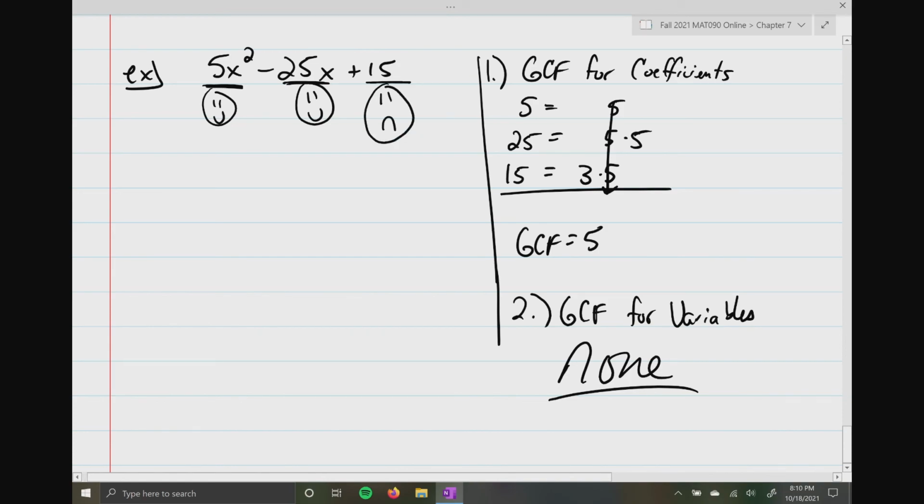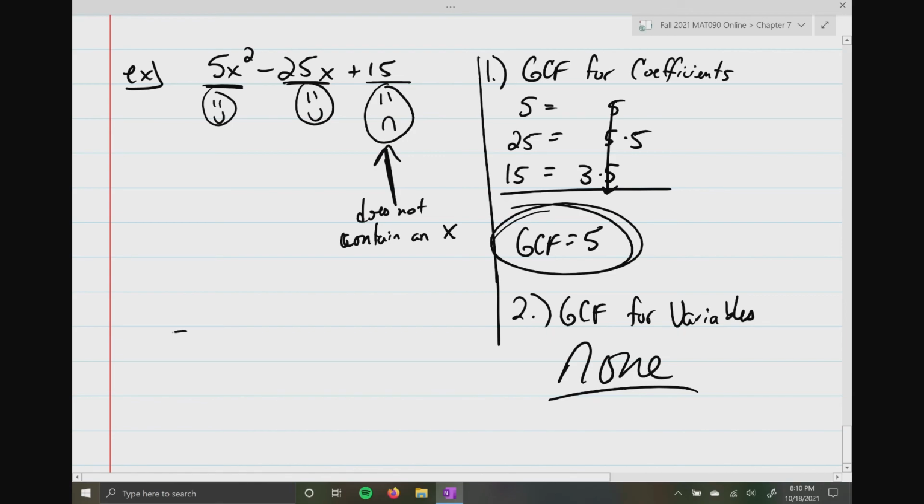In other words, since this last term right here does not contain an x, you cannot factor out any x's. Every single term must have something in common. Okay? So be careful. That means the GCF for this problem is only a 5.